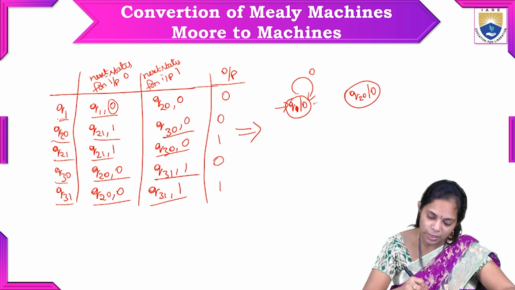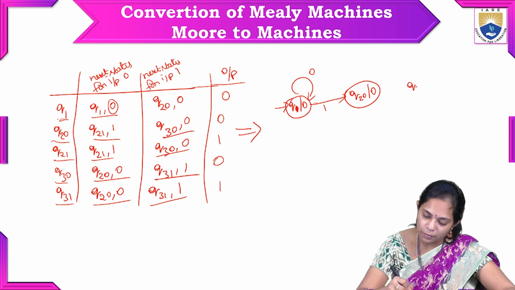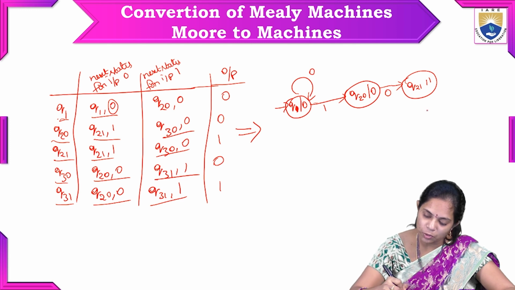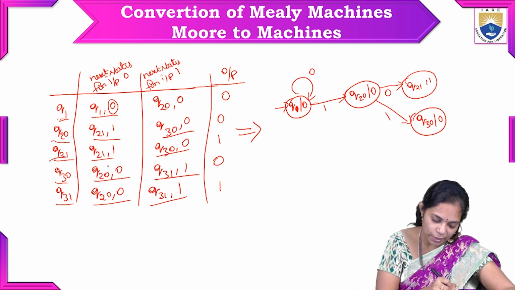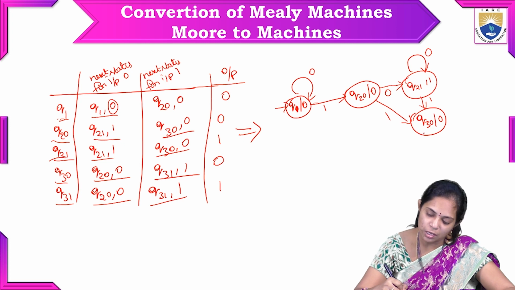For Q2 0, on 0 as an input it goes to Q2 1, and on 1 as an input it goes to Q3 0 with the output 0. And from the state Q2 1, on both input symbols 0 and 1, it reaches Q3 0.